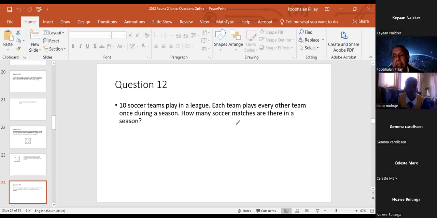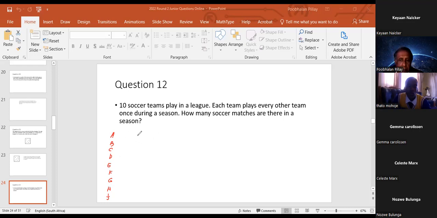So you want to know how many soccer matches there are. You've got 10 teams. Let's say the teams are A, B, C, D, E, F, G, H, I, J. So suppose you give names to those teams. Now they play each other. Each team plays every other team.